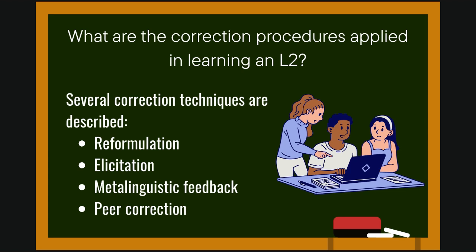Metalinguistic feedback is when we offer clues about the nature of the error, like, do we say "God" in English? The last one is peer correction. It is when encouraging collaborative reflection. This feedback should match the focus of the activity: more explicit in accuracy tasks, less explicit in fluency tasks.